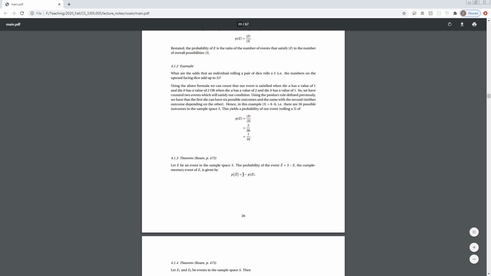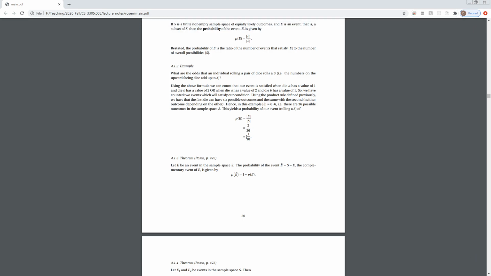So the chance of not rolling a 3 is 1 minus the probability of rolling a 3, or 100% minus, I don't know, it's got to be like a 5.2% chance or something like that of happening. So you have something like a 94% chance of not rolling a 3, which is pretty good.